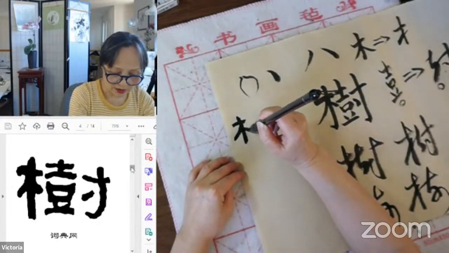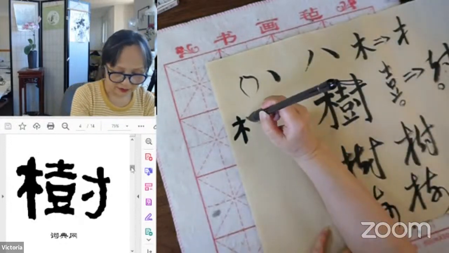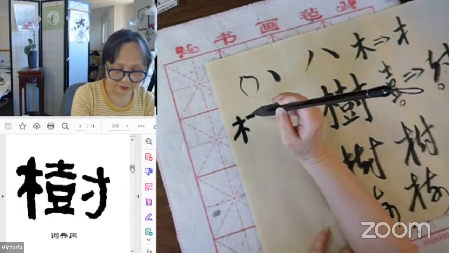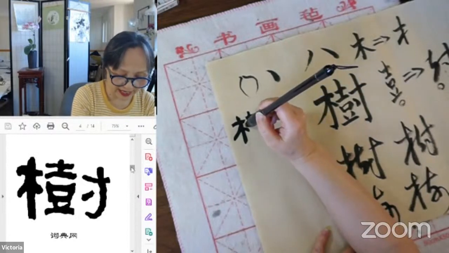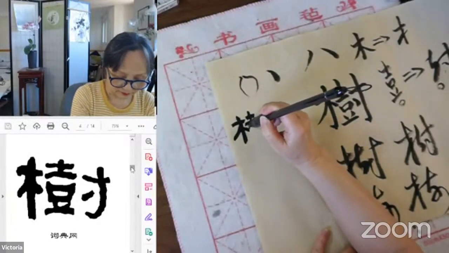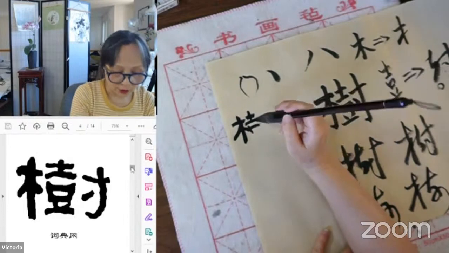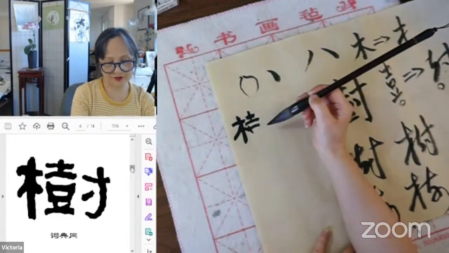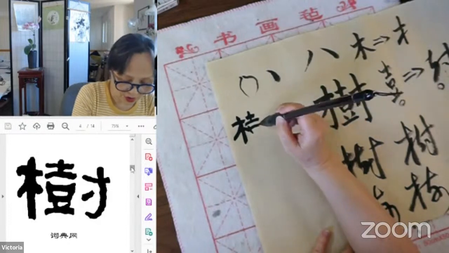Shorter, very dignified for the stroke. And it always shows more flat, right? At the turning part, see, I lift my brush. You can see stroke by stroke, to start another stroke.